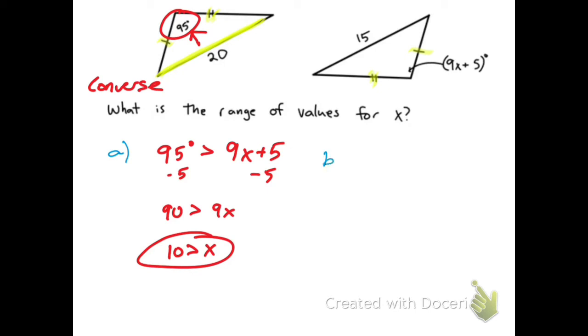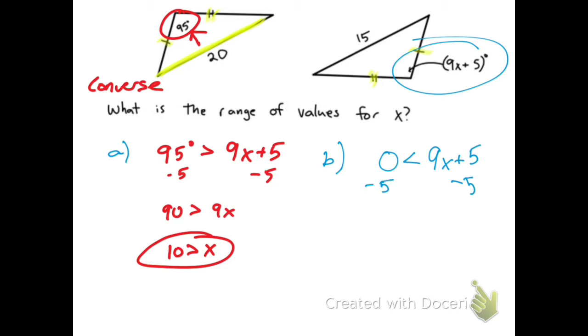And the second thing I have to do is remember, an angle measurement has to exist. It can't be 0 or less than 0. So I say that 9x plus 5 is greater than 0. Now solving here, subtract 5 from both sides. Now I divide both sides by 9.